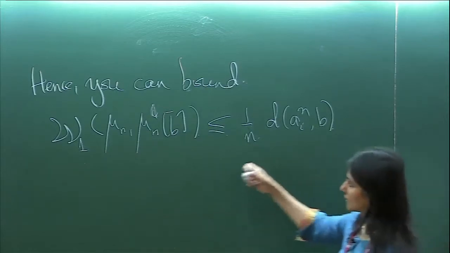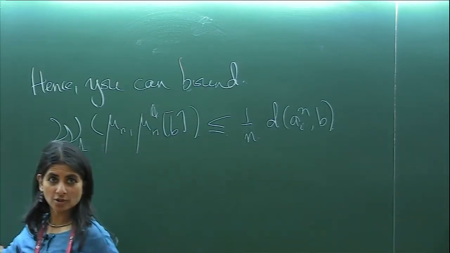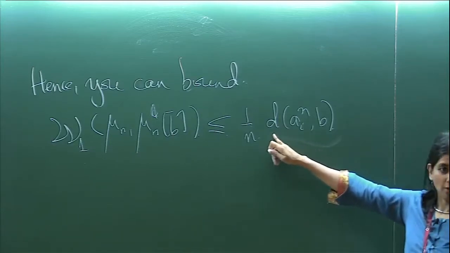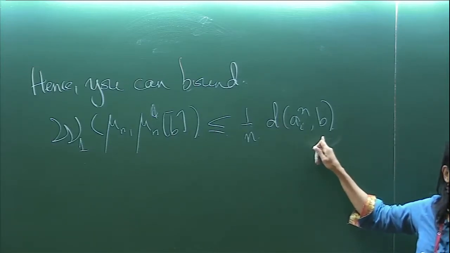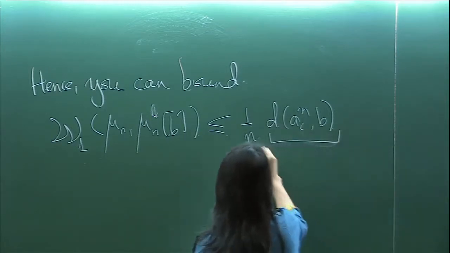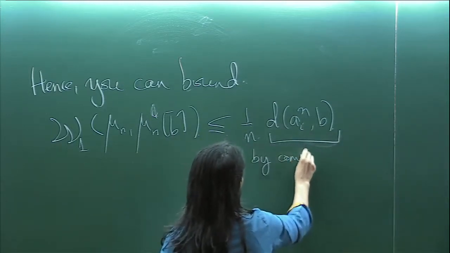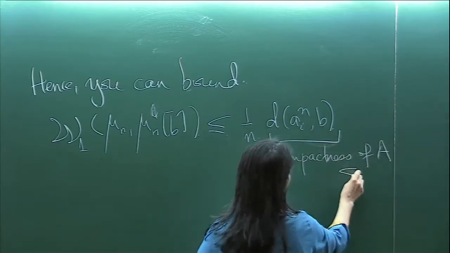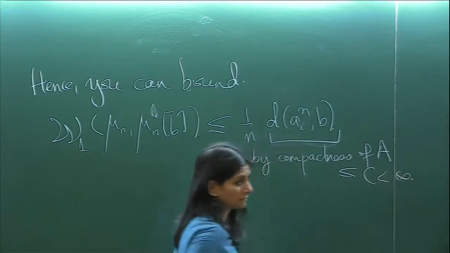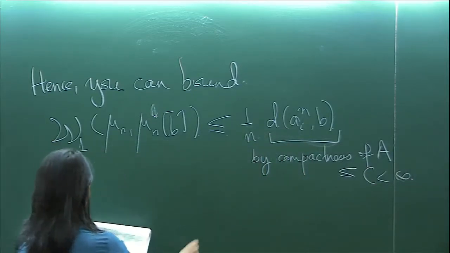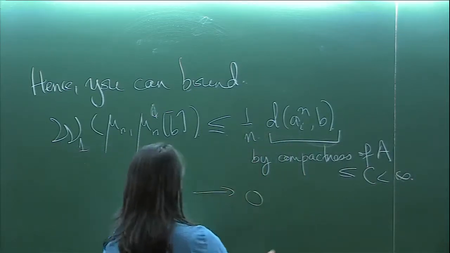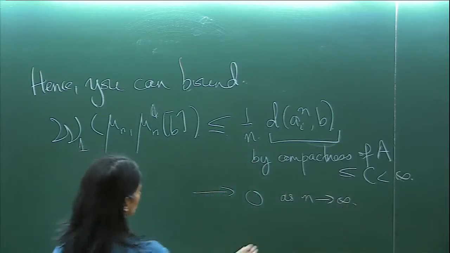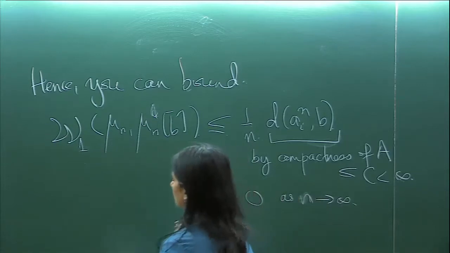Because what's the difference between these two? It's just the delta. But we're in a compact state space. By compactness of A, this is bounded by some c less than infinity. So this goes to 0 as n goes to infinity.